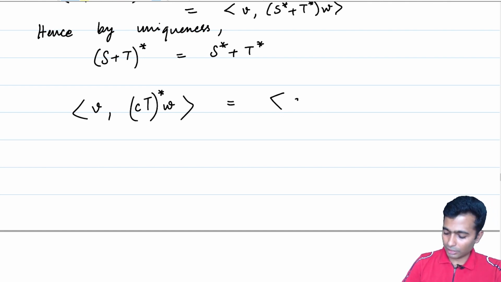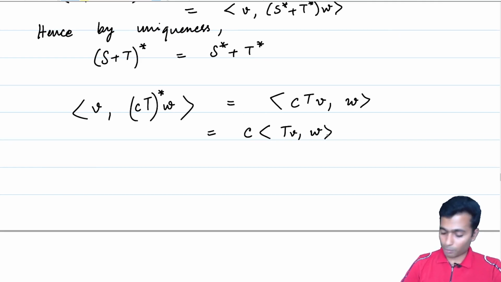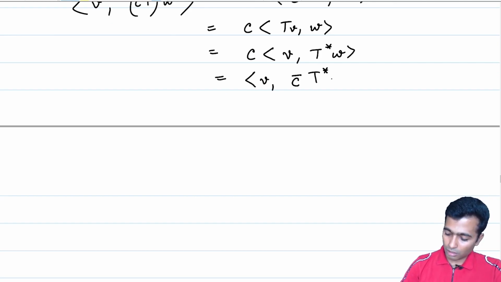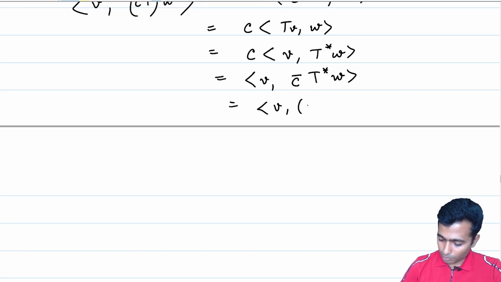This is just ⟨CT V, W⟩, which is equal to C times the inner product of TV with W by using the properties of the inner product, which I will now write as ⟨V, T star W⟩ times C, which is equal to the inner product of V with C bar T star W, which is equal to the inner product of V with the linear map C bar times T star acting on W.